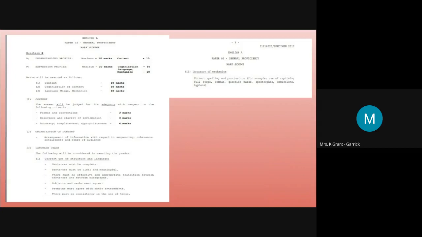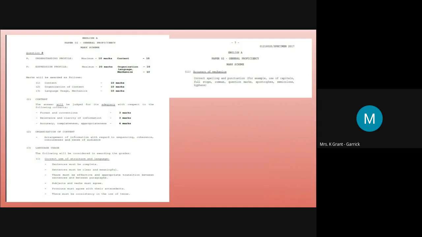Now, this section, you can just quickly pass this section because once the format and conventions are adhered to, so you know that if it's a letter, we're going to look at that in a short while, the format and conventions for the different sections. And then once it is relevant to the scenario and it is clear and information is accurate and complete and appropriate, you automatically would have gotten 10 marks.